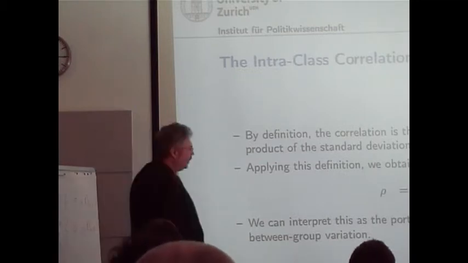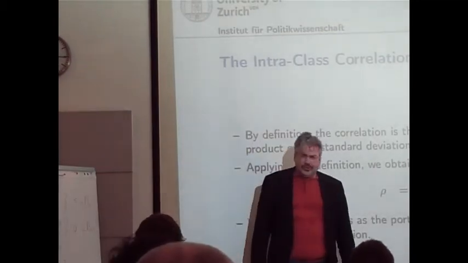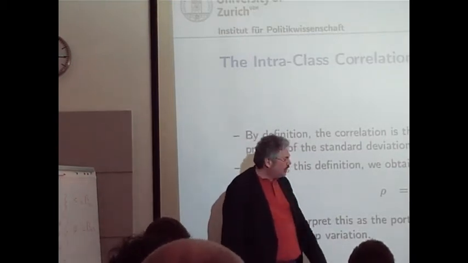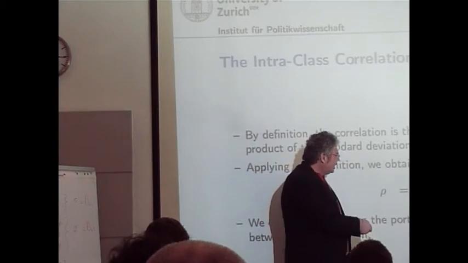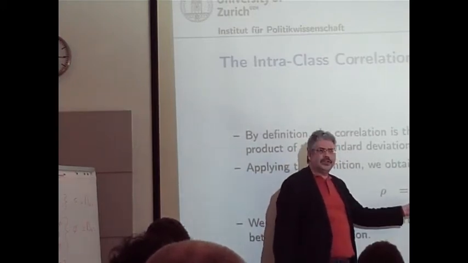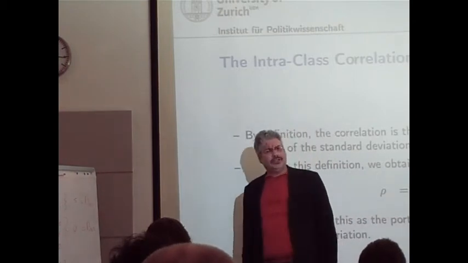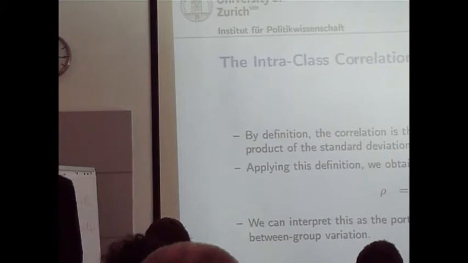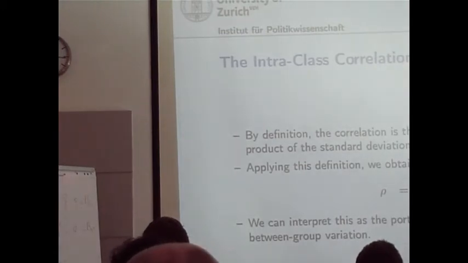The other extreme that I mentioned, which you will never run into, but I'll mention it for the sake of completeness, is that there is no within-group variation. Sigma squared is 0. And that's the situation where all these Germans are exactly alike in terms of the dependent variable. In other words, all of these units would score 10, say.